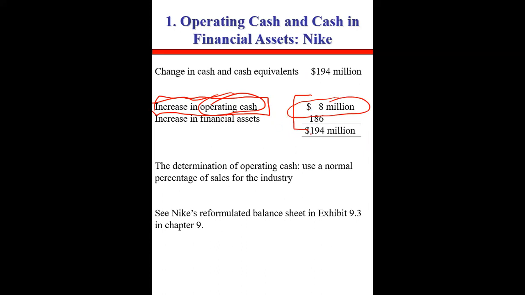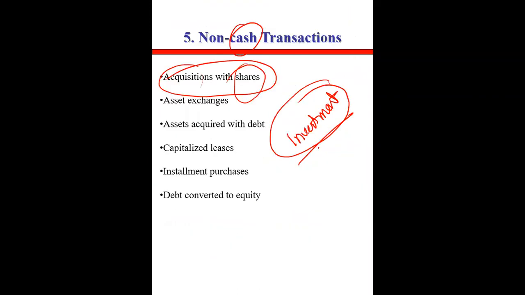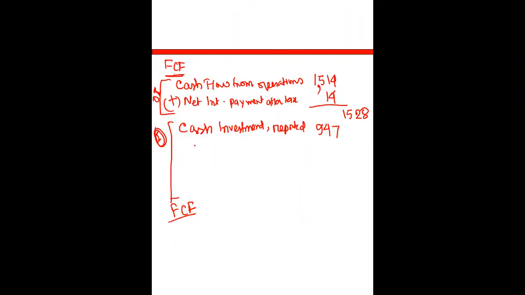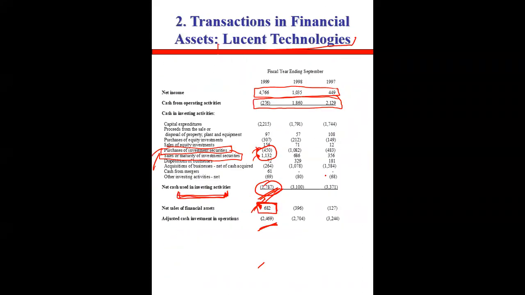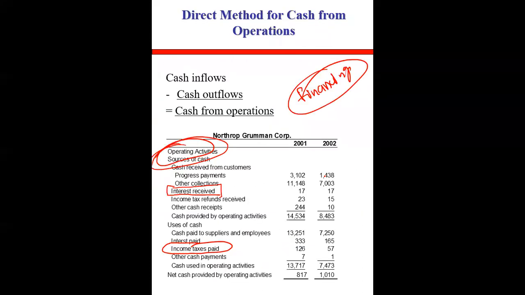I showed you the difference between the operating cash in 2003 and 2004, that the difference is 8 million. Okay. So here you see the investment in operating cash. How much investment in operating cash have we made? 8 million.